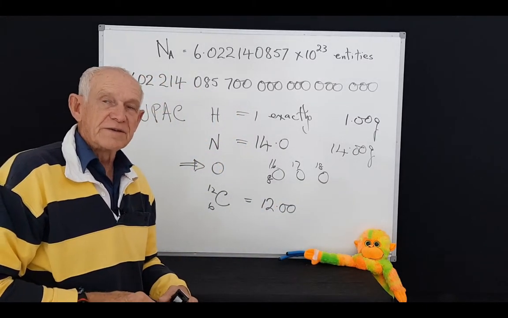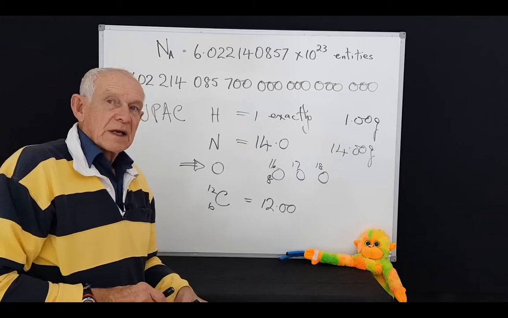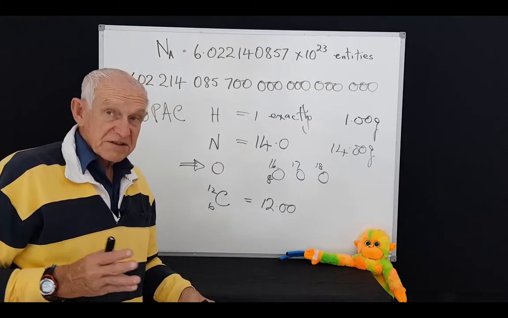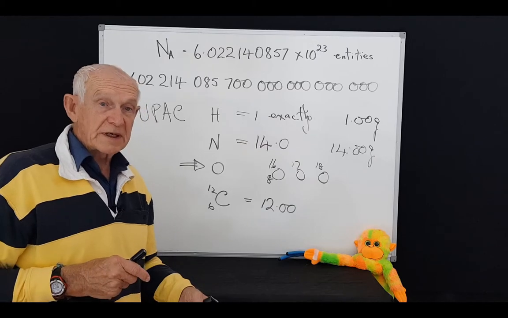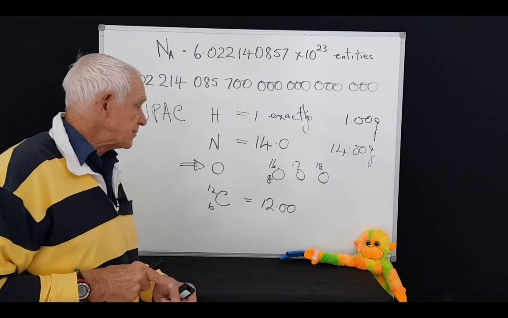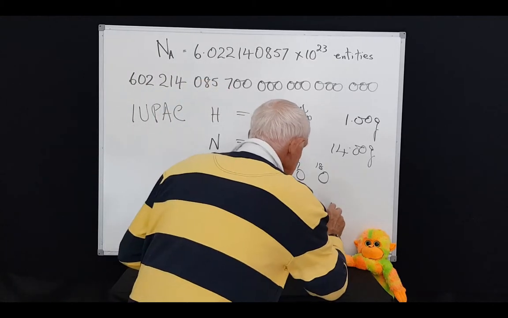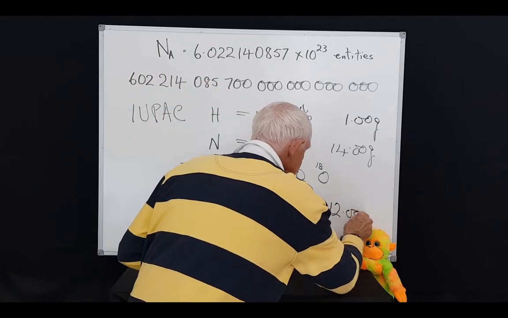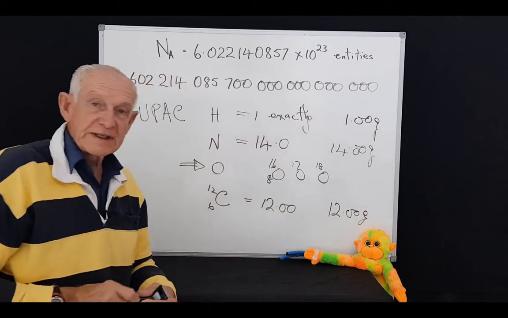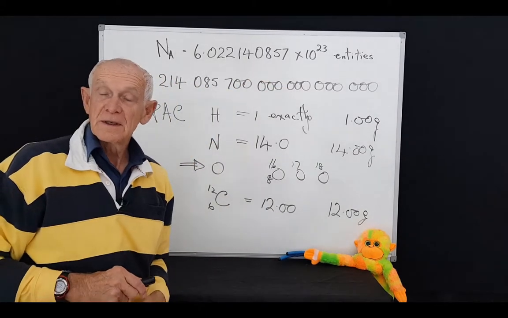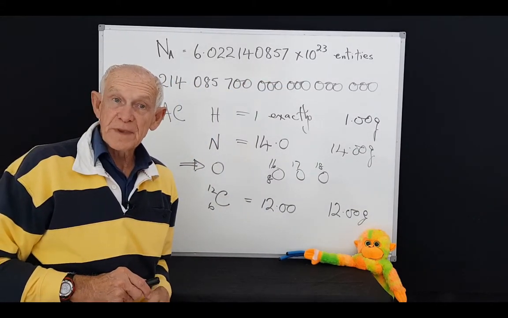And that's not variable. And that's been the definition, I believe, since 1961 or something like that. And the best estimate of the number of those atoms in 12.00 grams of it is that number. And that's how it comes to be.